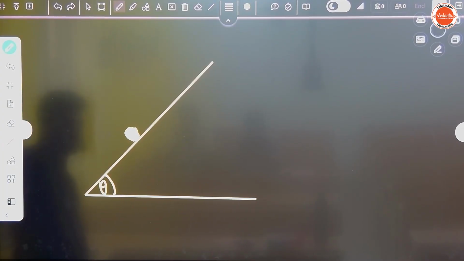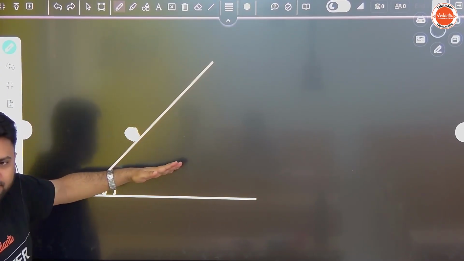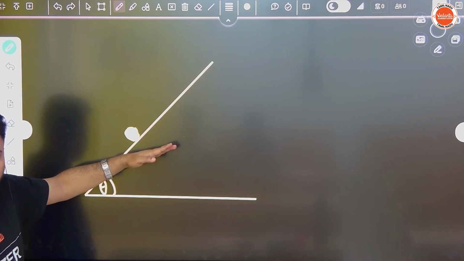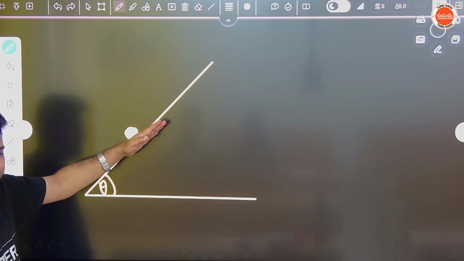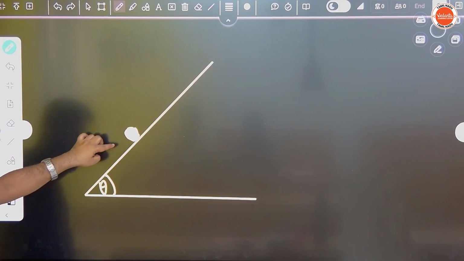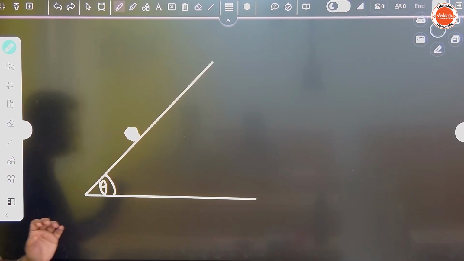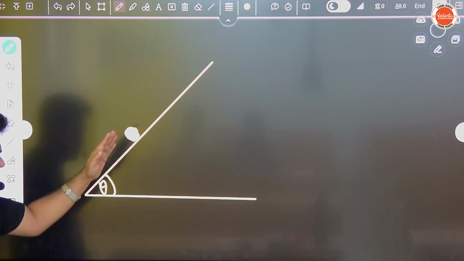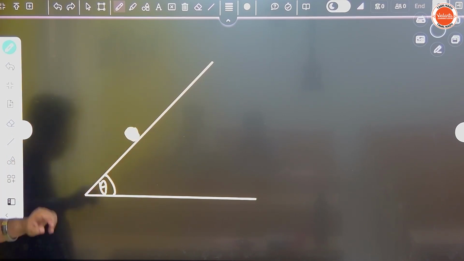Initially the angle was less, the ball was not moving. You increase the angle, still the ball is not moving. You increase more, still the ball is not going down. At this position, the ball just tends to go down. If you give a little bit extra angle, the ball will fall down.